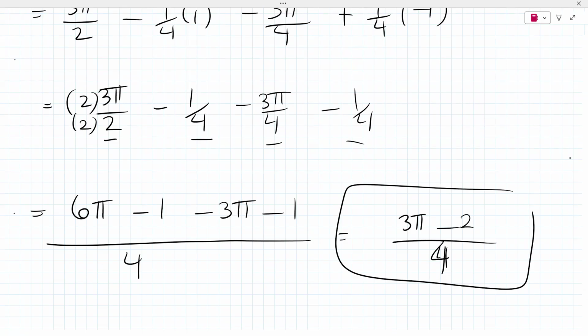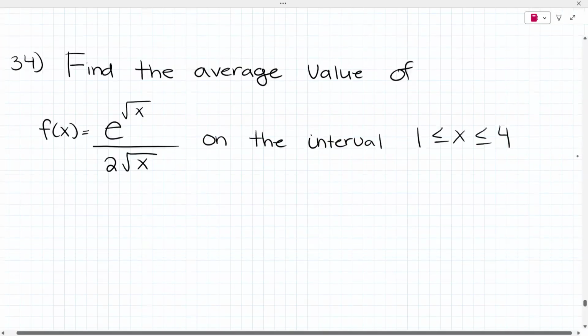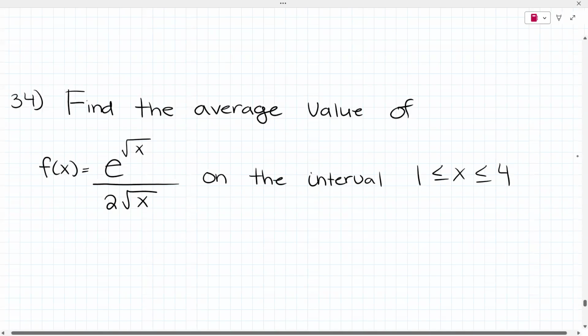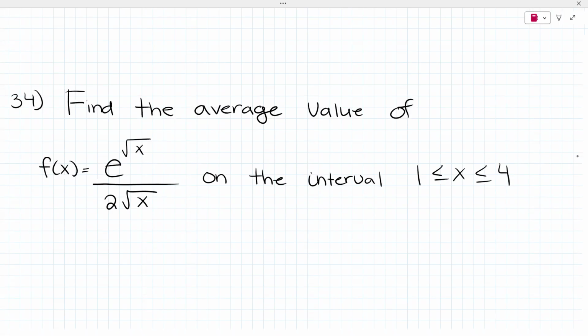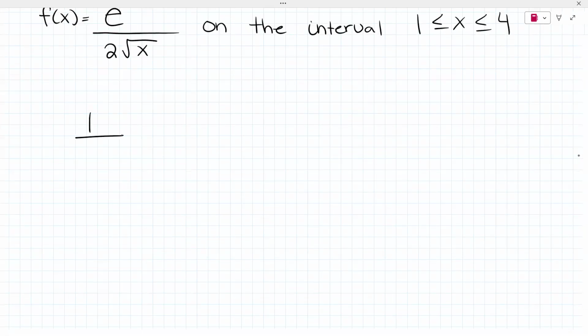Okay, let's move on to 34. So number 34 says, find the average value of f of x equals e raised to the square root of x all over 2 square root of x on the interval 1 to 4. So when they say find the average value, you're going to use this formula: 1 over b minus a from a to b of f of x dx, right?